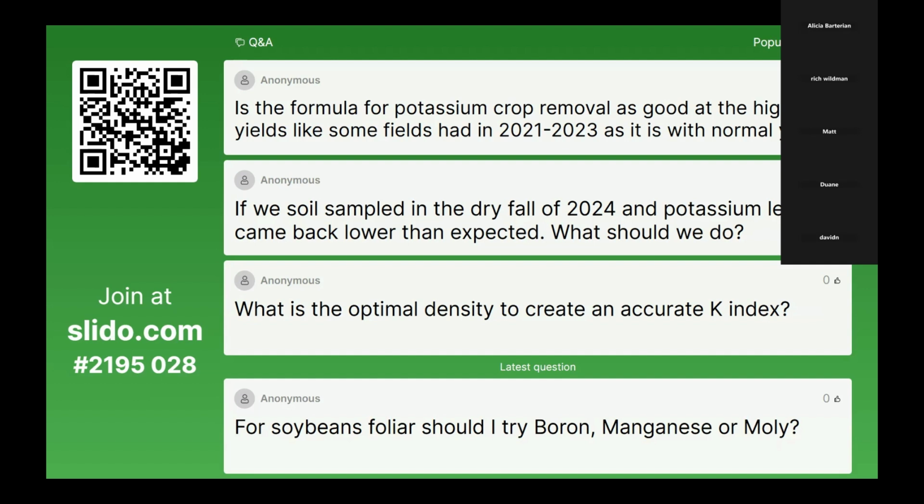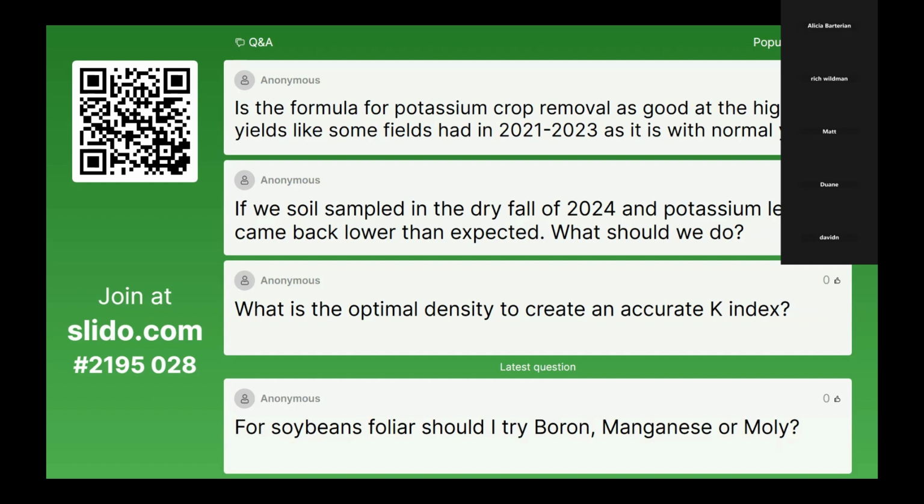Next question is, is the formula for potassium crop removal as good at the high yields, like some fields had in 21 and 23, as it is with normal? So that equation gets broken into two parts. Part one is we're trying to identify where we've got high, medium, and low potassium levels, and that's what that index is for.